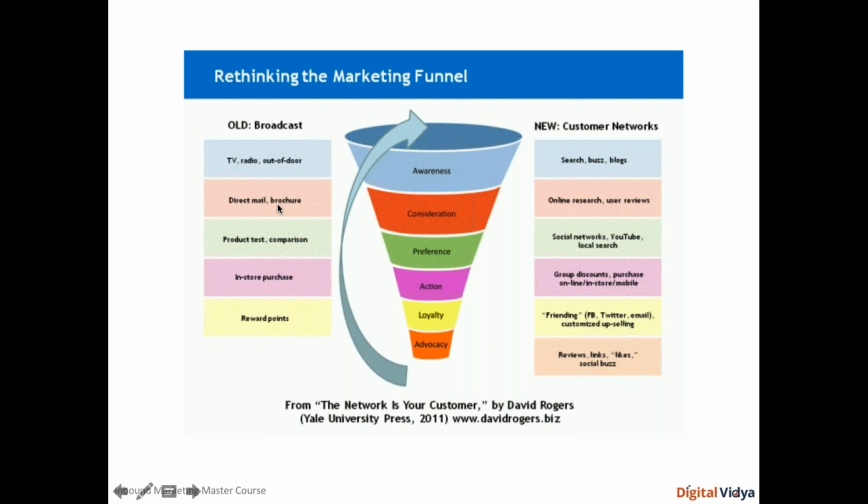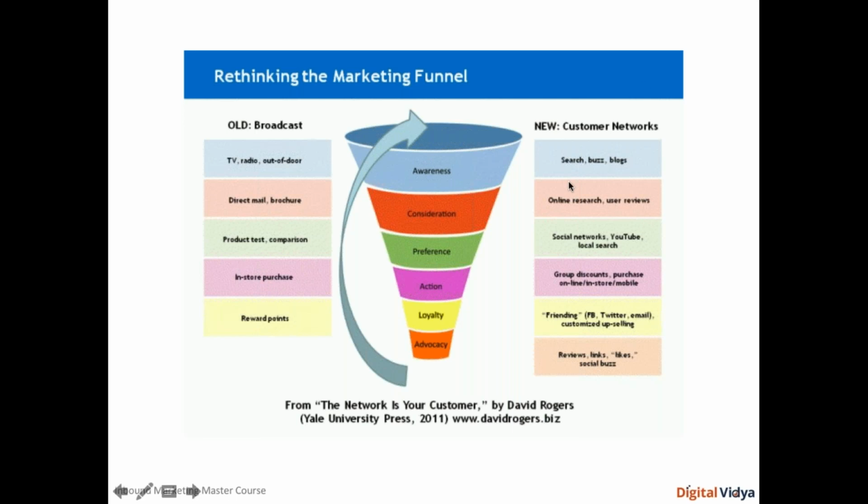Out of them, let's say 1 lakh or 50,000 people will visit the store. 20,000 people will do the product test and comparison, and out of them 10,000 people will purchase the product. So this was a waterfall kind of flow. At every step there was a huge drop-off rate, and you were not able to do anything to engage or bring back the users who went home after the product test or comparison, or after just viewing the brochure.